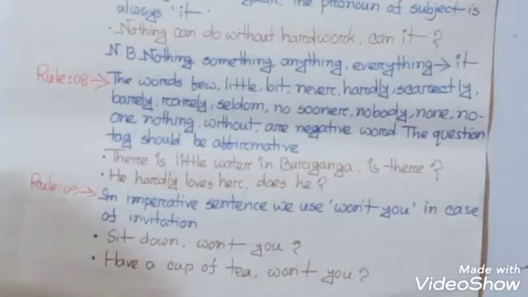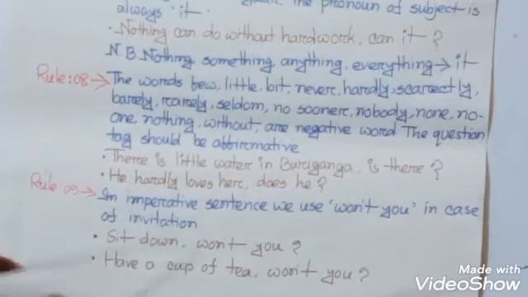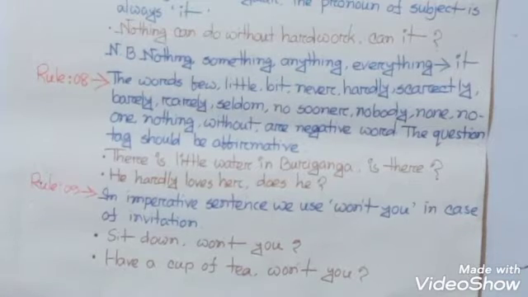Nothing other, only aren't. Let's have an example. Sit down. Aren't you? Have a cup of tea. Aren't you? These two sentences give an invitation to anybody. That's why we use only aren't, not anything else.